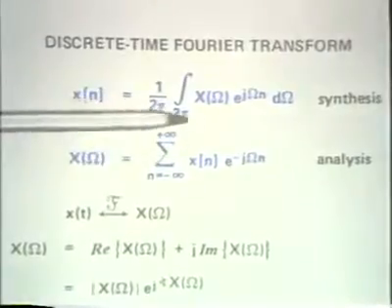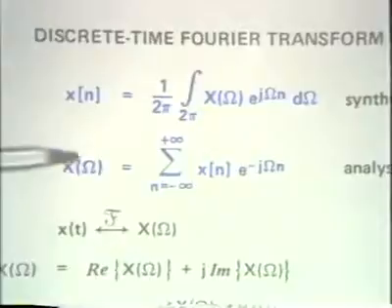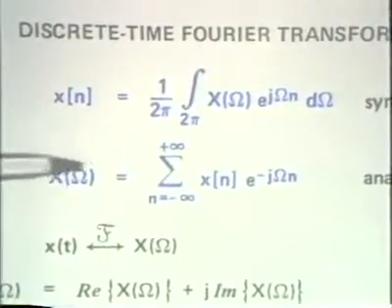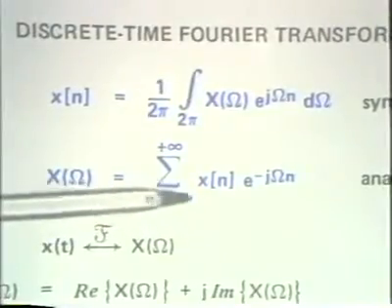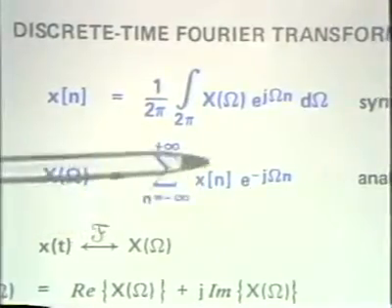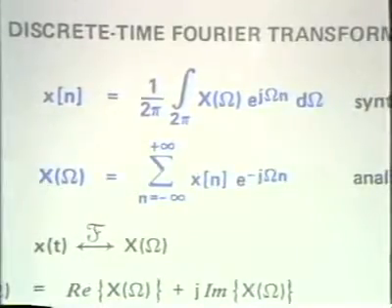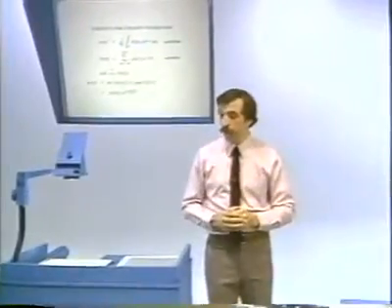And we have the corresponding analysis equation, which is shown below, where this tells us the Fourier transform, in effect, the envelope of the Fourier series coefficients of that periodic signal, here represented in terms of the aperiodic signal. Okay, so we have the analysis equation and synthesis equation.